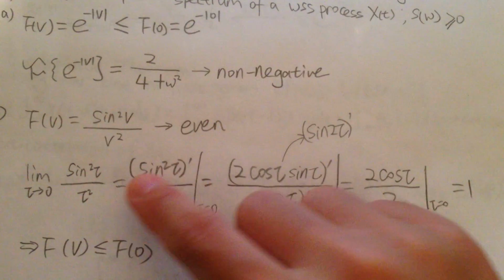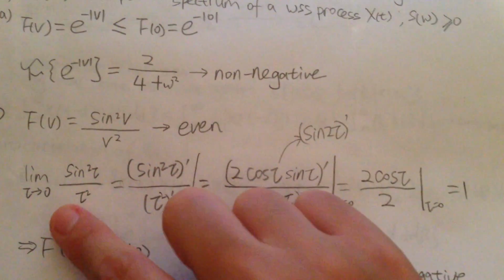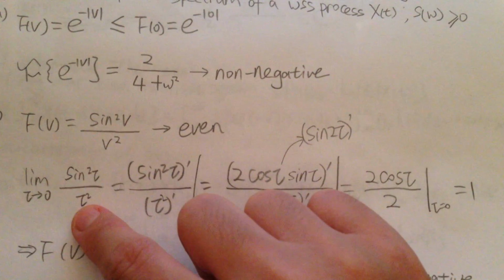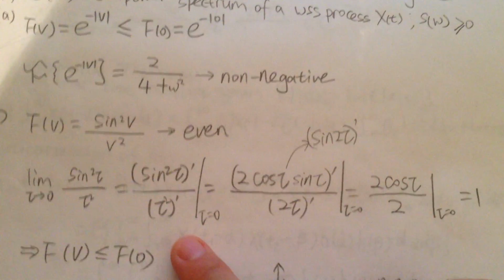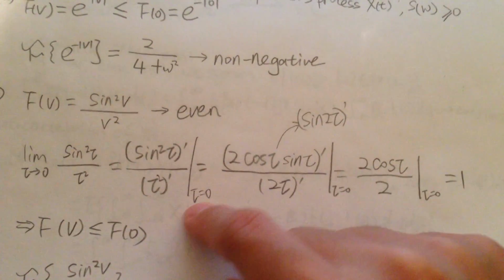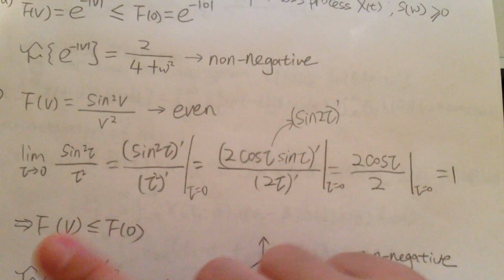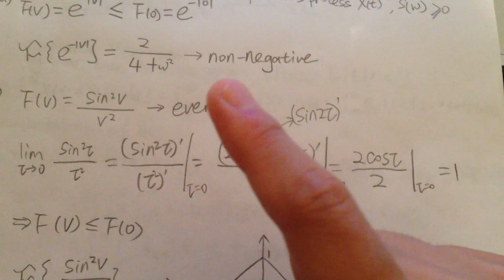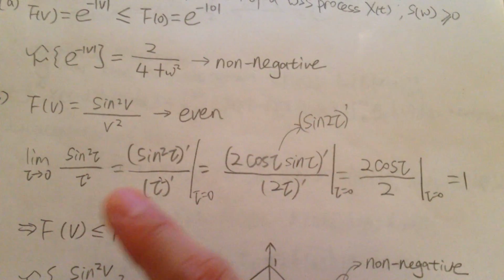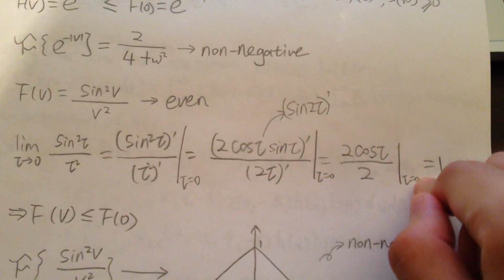Because the numerator is 0 when tau is approaching 0, and the denominator is also 0, we have to take the derivative. After that, I get that when tau is approaching 0, sine squared of tau divided by tau squared equals 1.